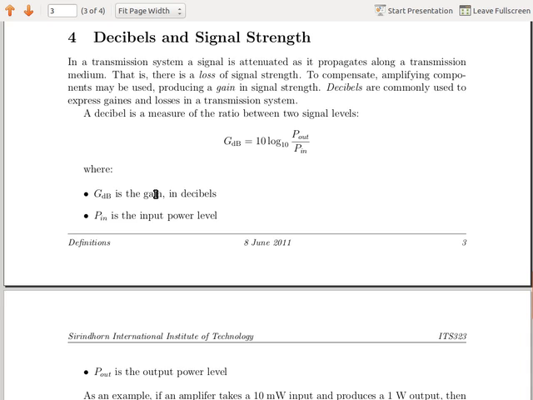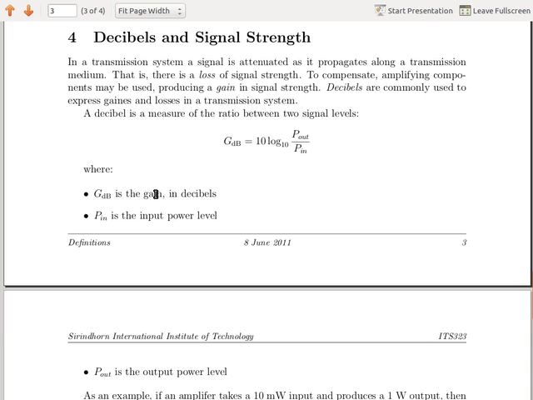Just bring the 10 to the other side, divided by 10, divided by 10. Therefore, SNR equals 10 to the power of 2.4. If 2.4 equals the log of SNR, the inverse of the logarithm is the exponential to the base 10.